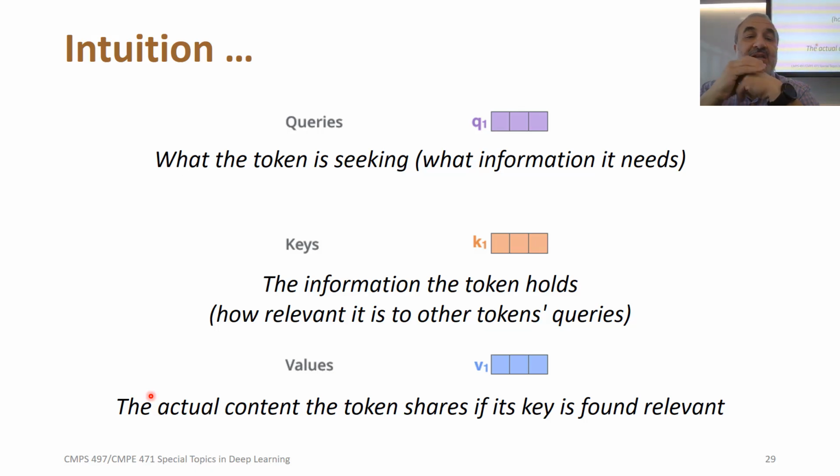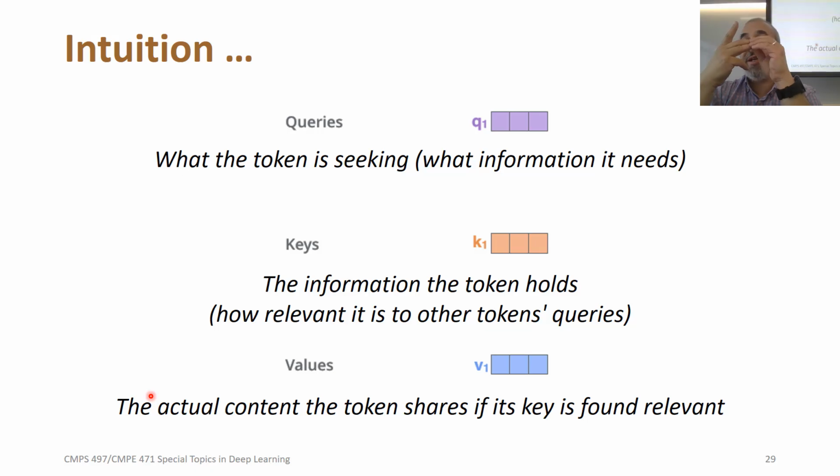Yes, it's generated from the input. So I start with the input vector. I generate three things. I generate the queries, which represent what this token is seeking, the keys, and the values.